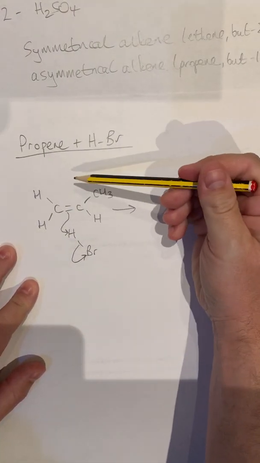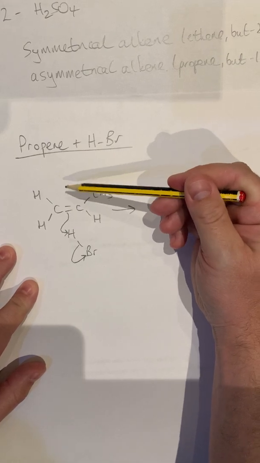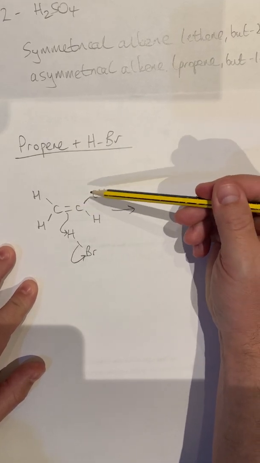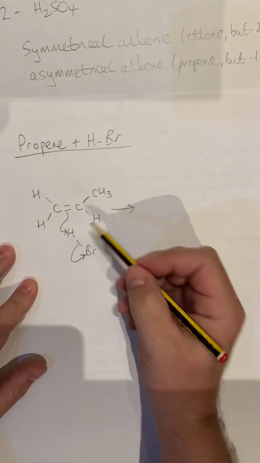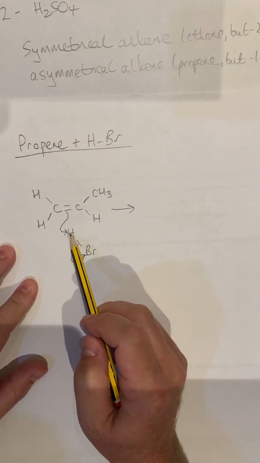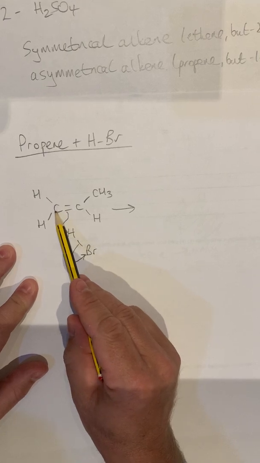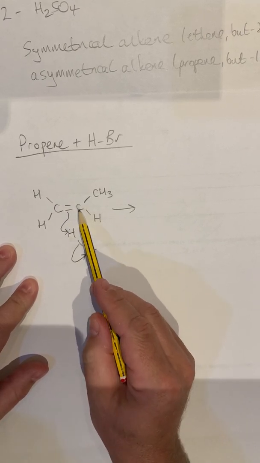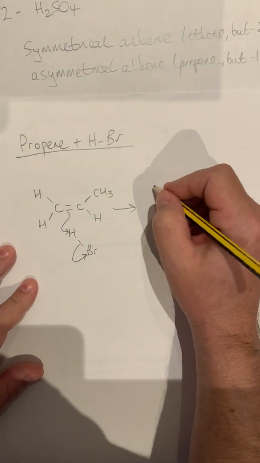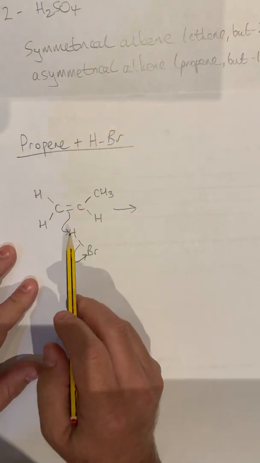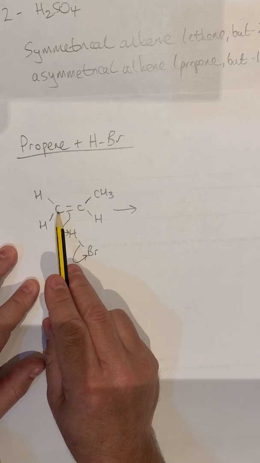But as you can see, it's not symmetrical across the double bond because we've got that there. So I can either put that H bonding onto that carbon, or I can put the H bonding onto that carbon, but they're two different structures. So I'm going to show the mechanism for the H bonding onto that one first.